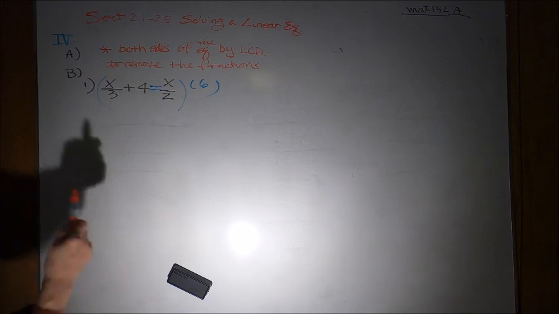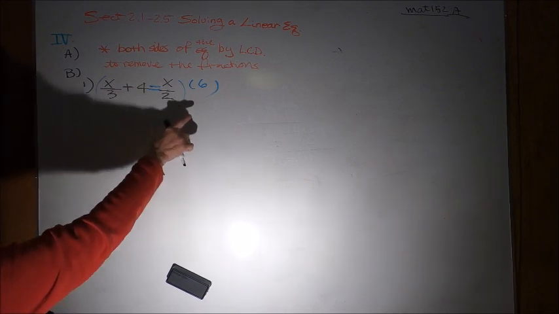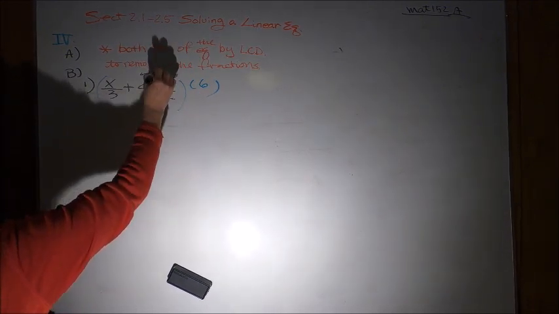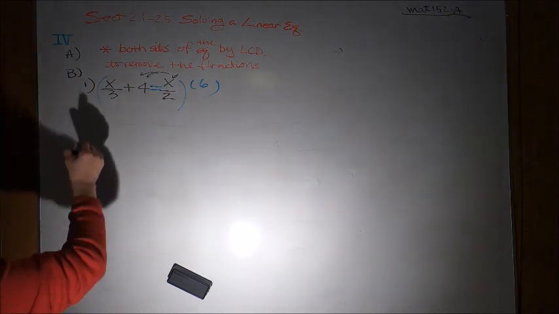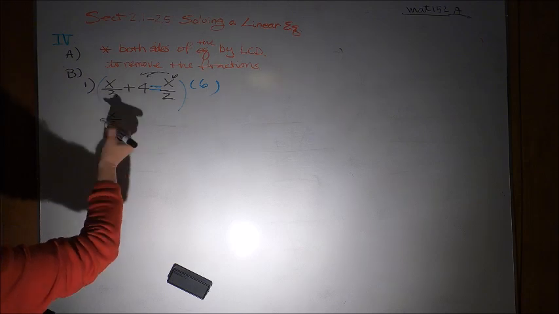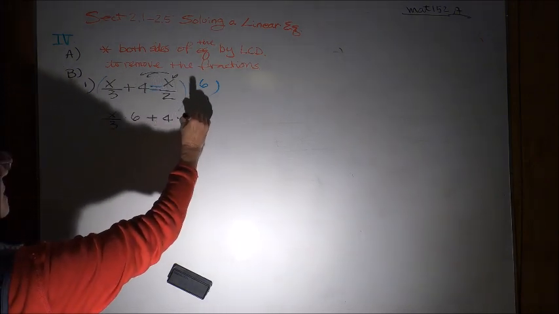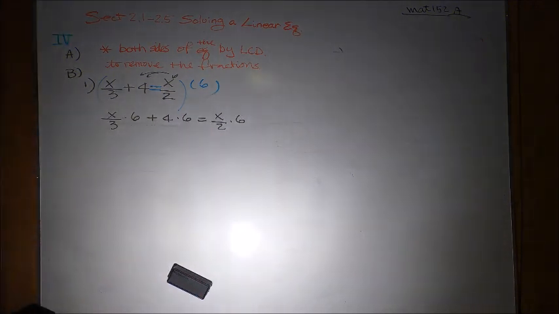If we do that, see what will actually happen. If you multiply by a number, you need to multiply everything with the same number. So you have x third times 6 plus 4 times 6 and x half times 6.